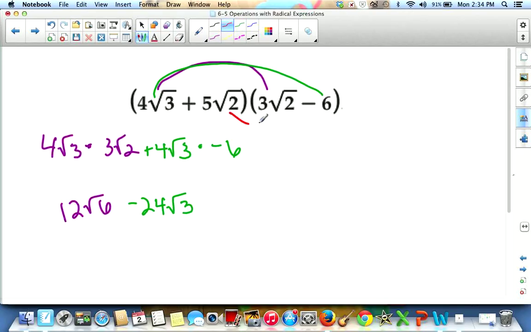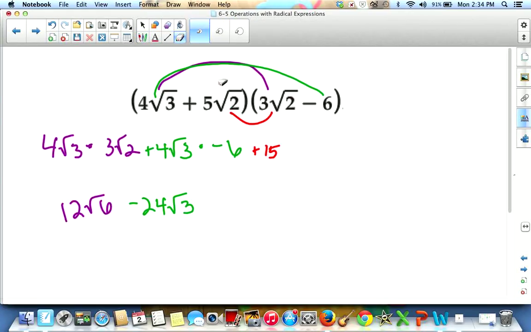Now we're going to go inner. Oh, I should probably write it all out, huh? Sorry about that. So we have 5 square roots of 2 times 3 square roots of 2. And it looks like when we have the square root of 2 times the square root of 2, that's just going to be the square root of 4. So that's 2. So this is actually 15 times 2.